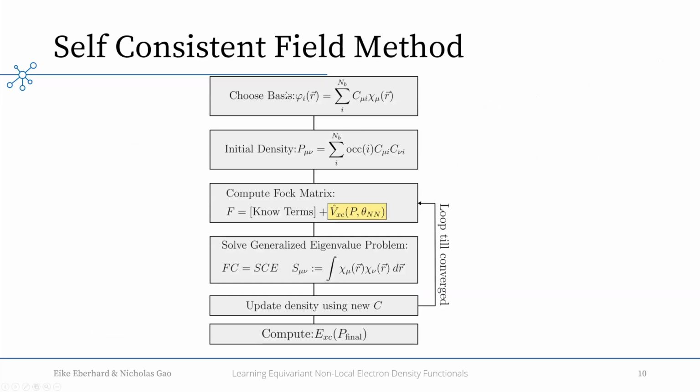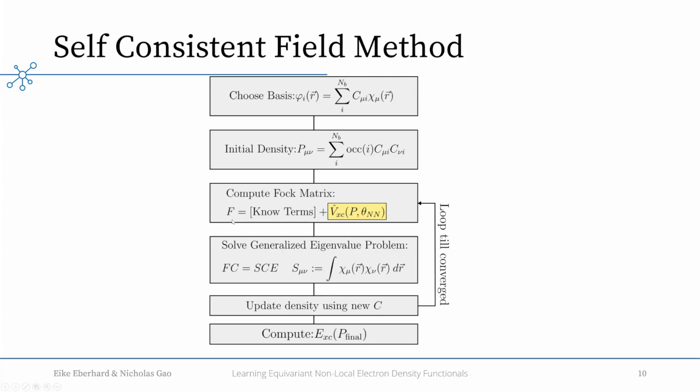What you do is you make an educated guess in the beginning on your coefficients, from which you can compute a density matrix, and basically also an initial electron density. Then with this density matrix, you can compute a Fock matrix, which consists again of these known terms that we brushed over, and the partial derivative of the exchange correlation energy with regard to the density matrix, which then defines this generalized eigenvalue problem.